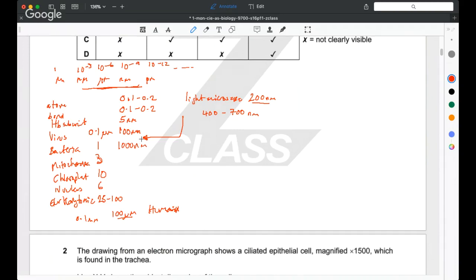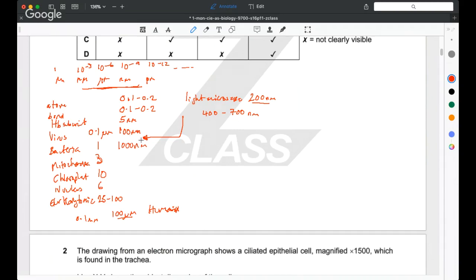So that's the light microscope, and of course, have we got that right? Yes, I have. That's right.